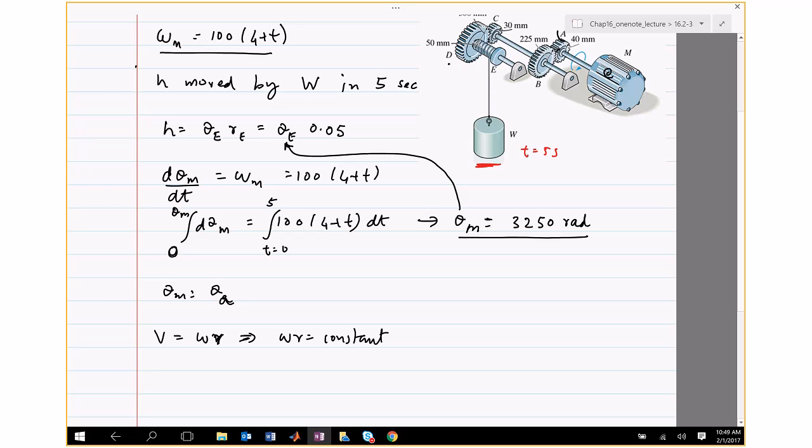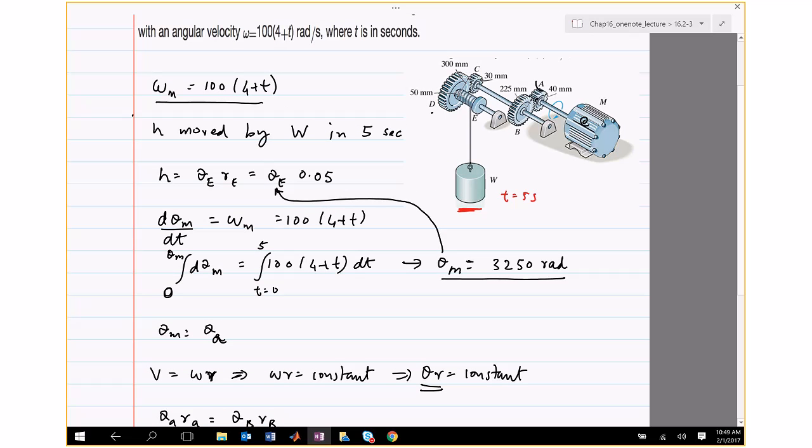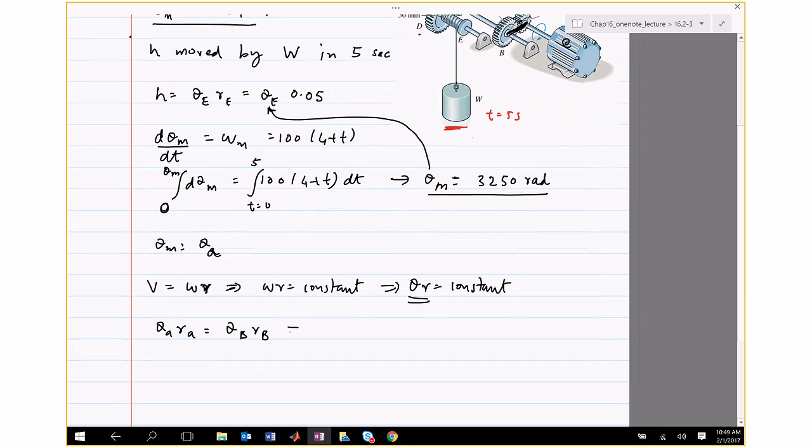If you integrate this, you can see that theta r is also a constant. So theta A r A equals theta B r B. This gives me theta B equals RA divided by RB times theta A, but theta A is theta M.